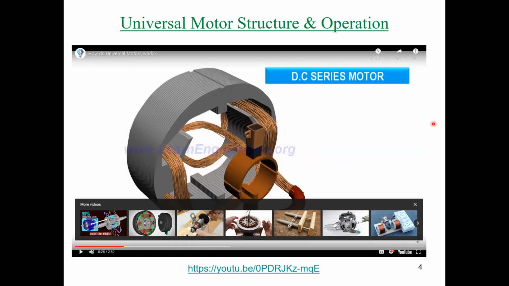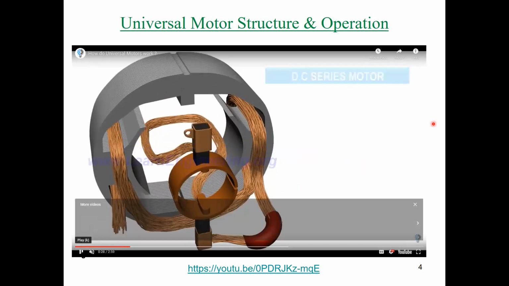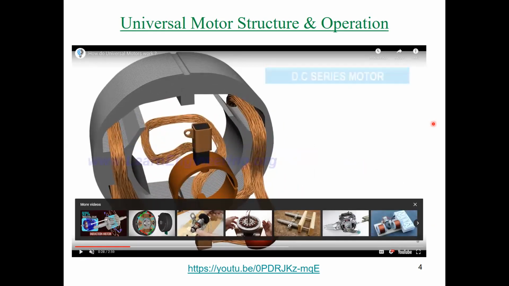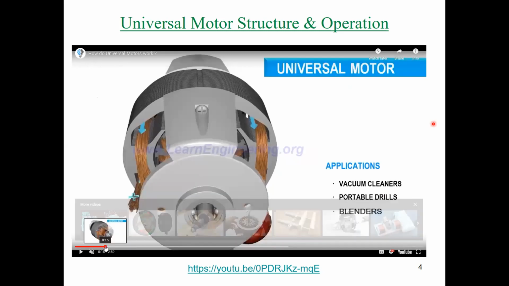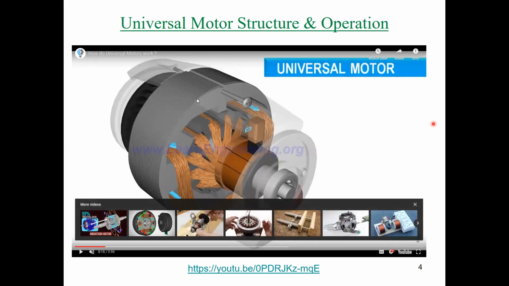Let me discuss what's said in the video, no problem. Simply, this is the construction of the universal motor. As you can see, basically we have the stator core and rotor core, and we have a winding.